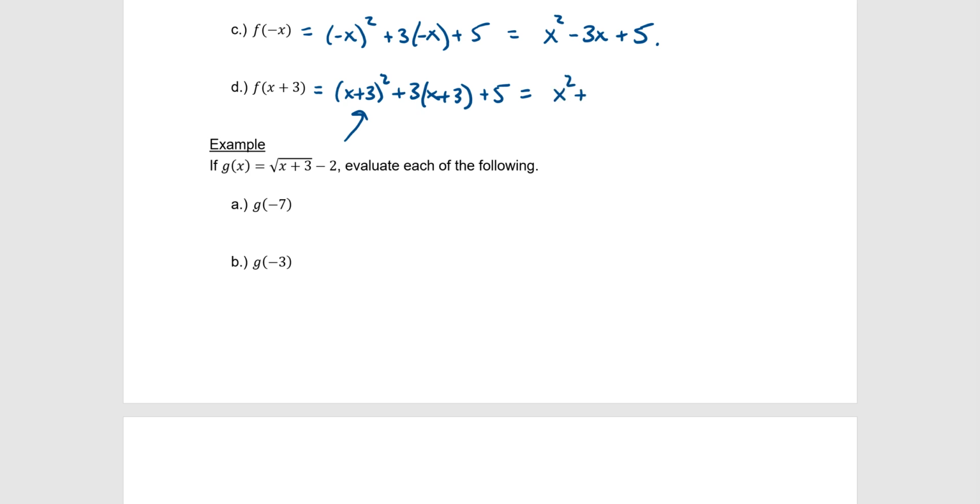It's going to end up being x squared plus 6x plus 9. Then for the next one, for 3 times x plus 3, distribute the 3, and then plus that 5 at the end. Combine like terms, and we get x squared plus 9x, 18 plus 5, 23. So x squared plus 9x plus 23.